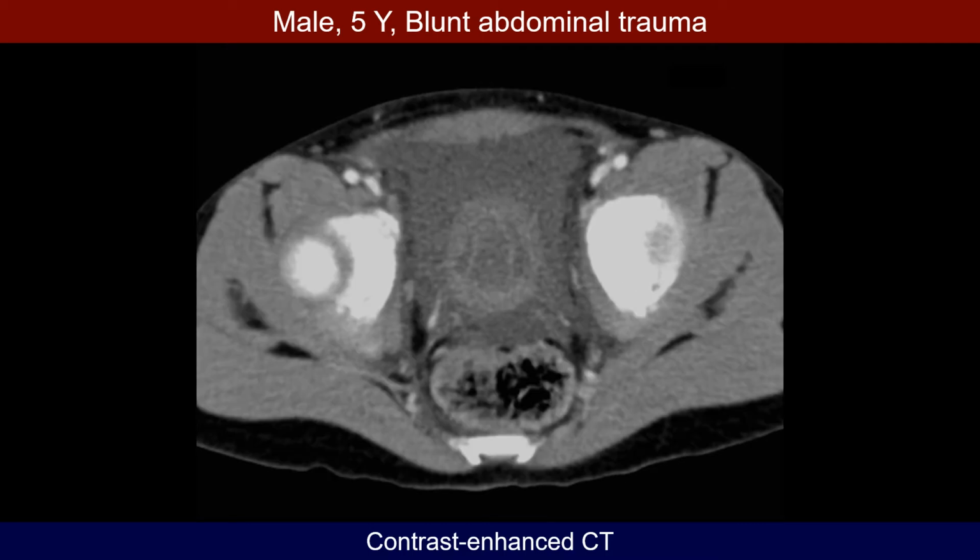And at a lower level, the urinary bladder wall forms again a complete ring surrounded by the extravasated urine. Note also the dissection of the extravasated urine between the layers of the bladder wall.